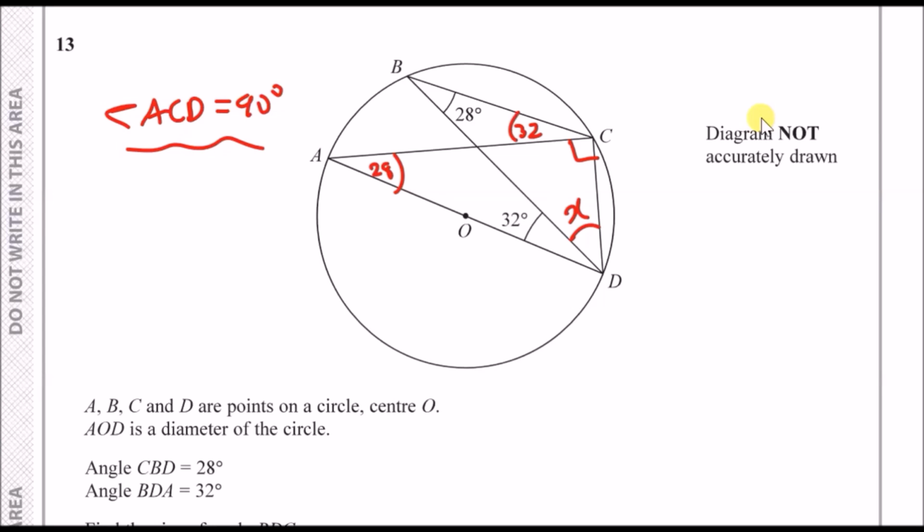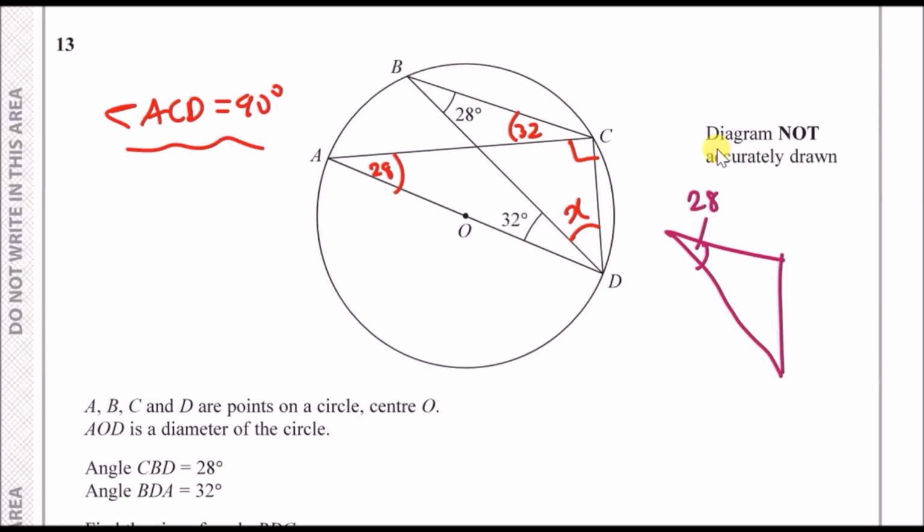Now, finally, I think we have a lot of information here. So to find X, we can just look at this triangle here now, yeah? So B, C to D. If we tidy this up a bit, guys, I'm going to redraw this triangle here. So something like that. We know that from our point B, we've got 28, so this is 28 degrees. Now, if you look carefully at C, we've got one big angle. We've got 32 plus 90.